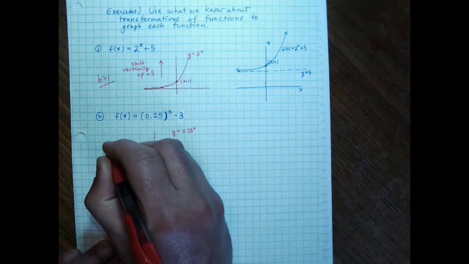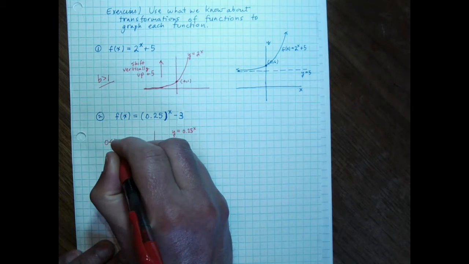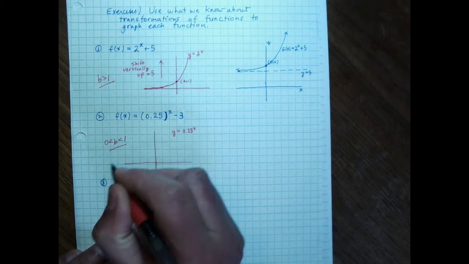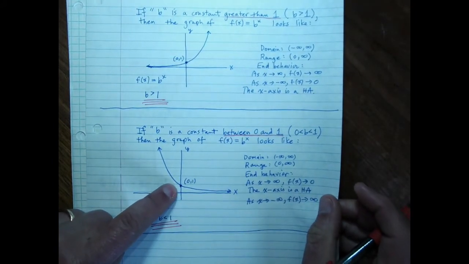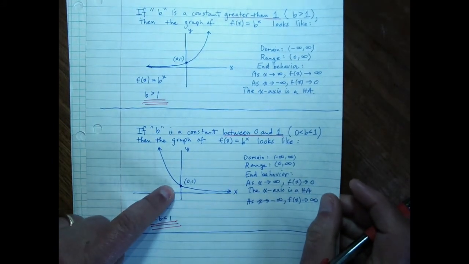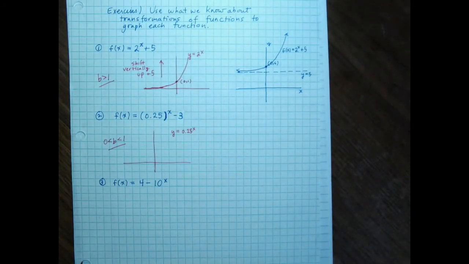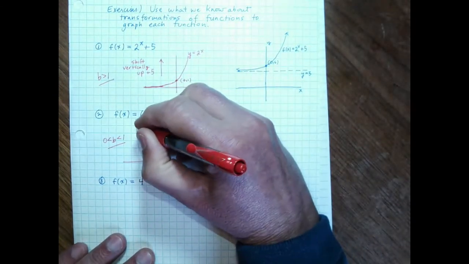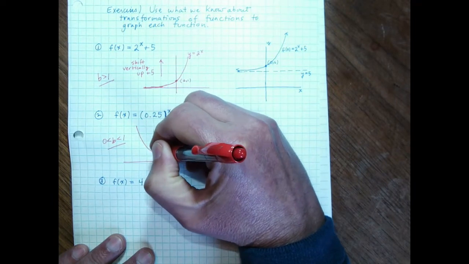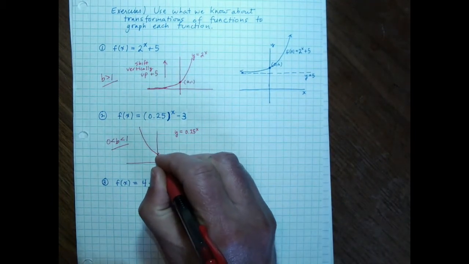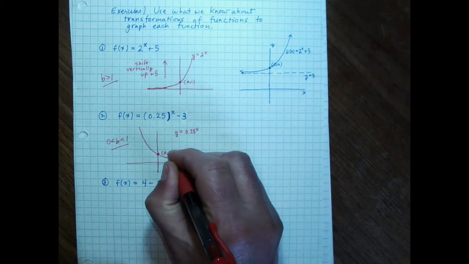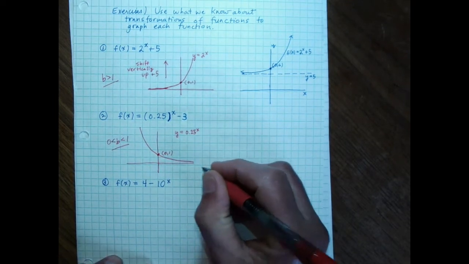In this example, my base is between 0 and 1, so I'm basing my graph on this general form. The 0.25 to the x graph has that sort of a shape. It does pass through (0, 1), the y-intercept.